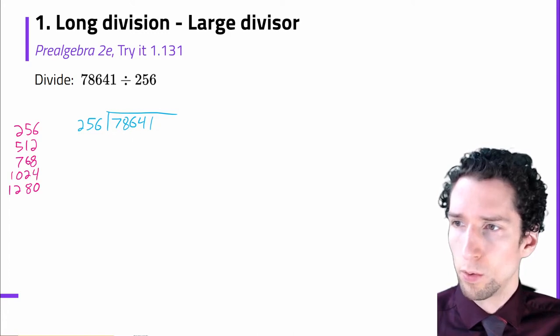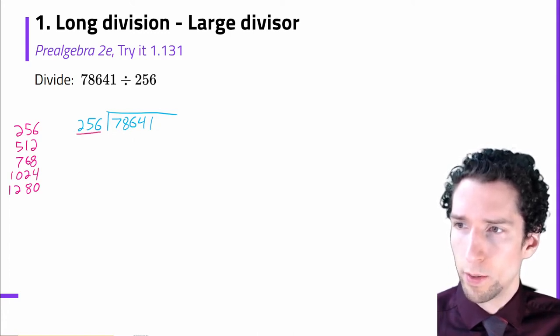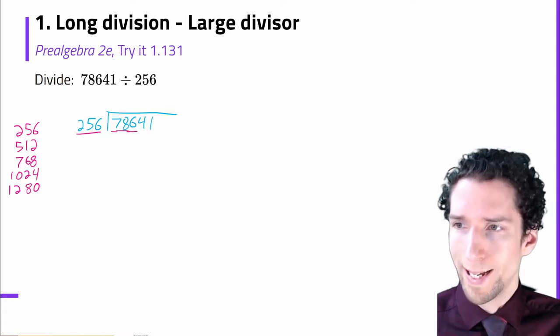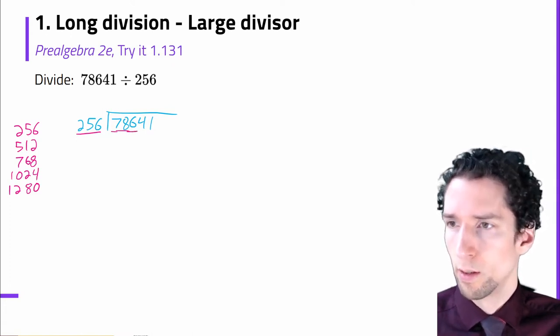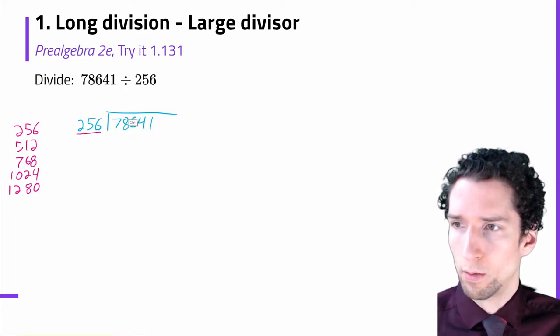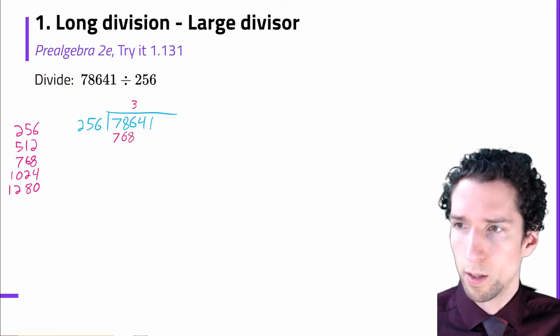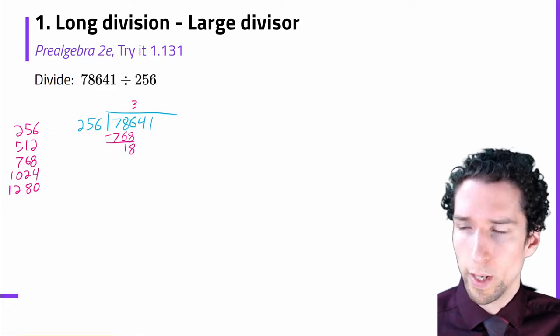Okay, so 256 into 7, no, into 78, no, into 786, yes. So that will go in 3 times, and then 768 here, and subtract. And we'll get 18.